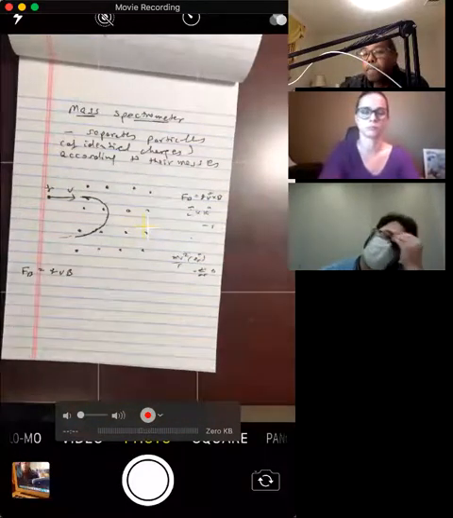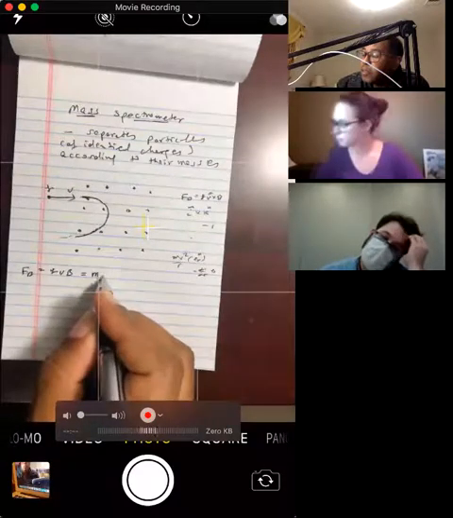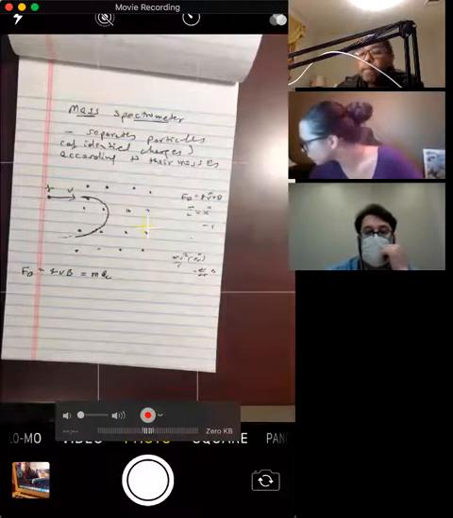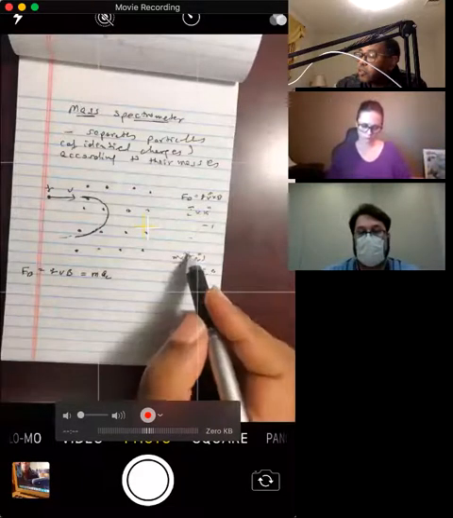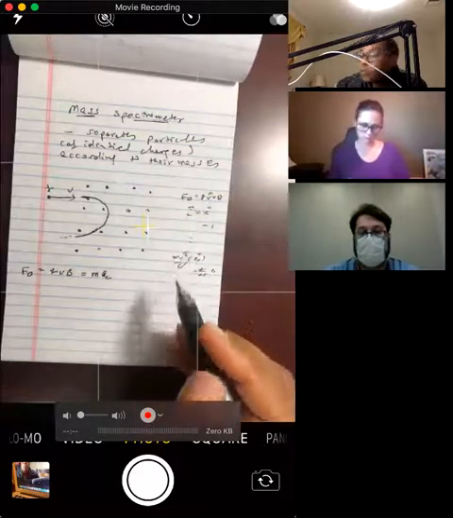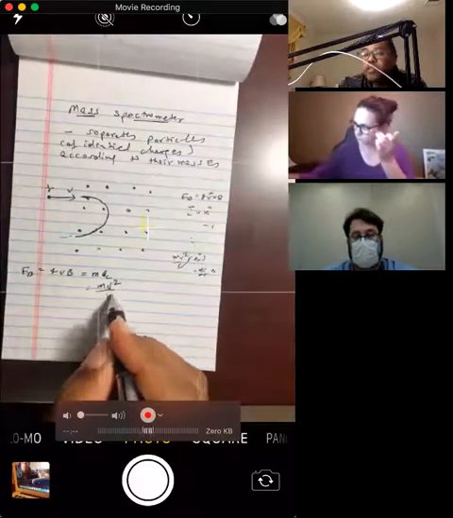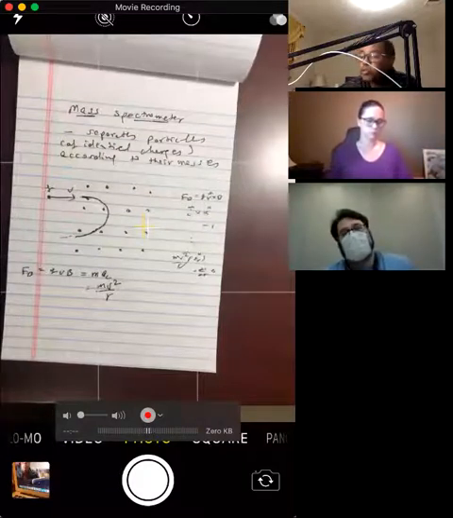This is a force. Now, this is mass times centripetal acceleration because it's moving in a circular path. Do you remember the formula for centripetal or radial acceleration? This is mv squared over r. v squared over r is centripetal acceleration, which is acceleration due to change of direction.